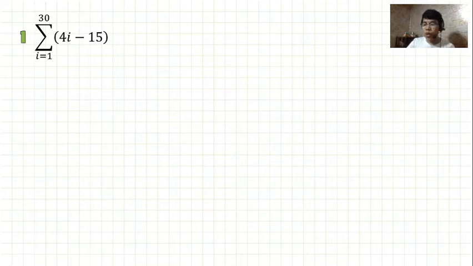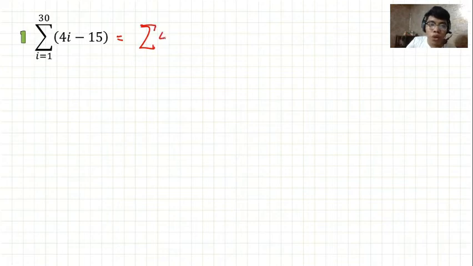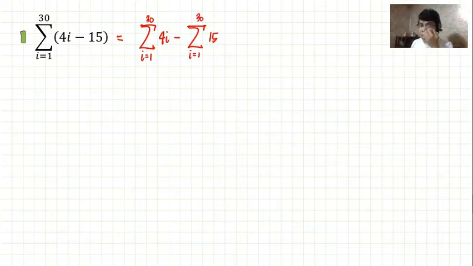So therefore, we distribute the summation here. We have the summation of 4i, i is from 1 to 30, minus the summation of 15, i is from 1 to 30.